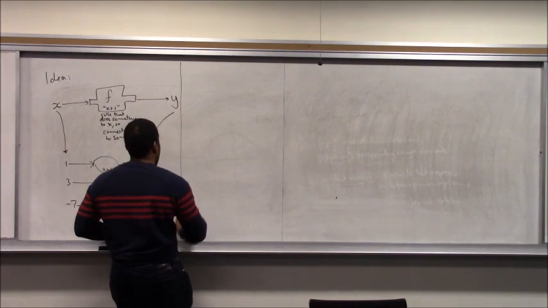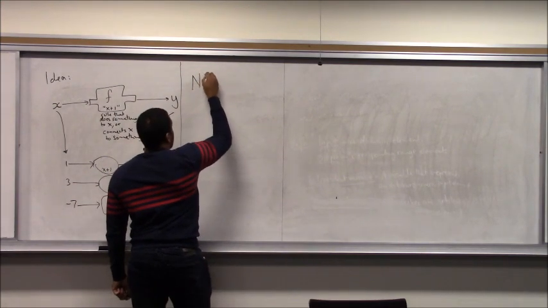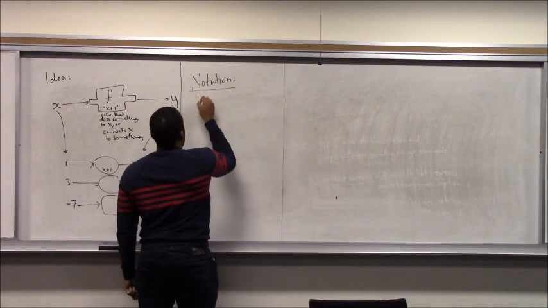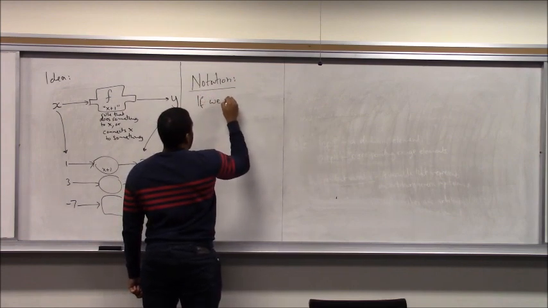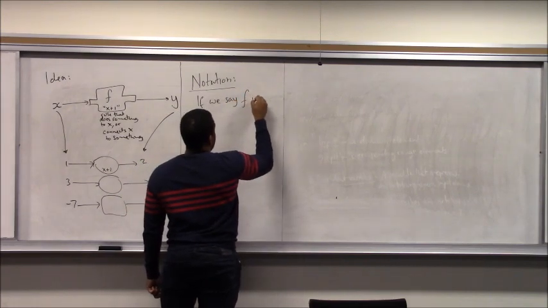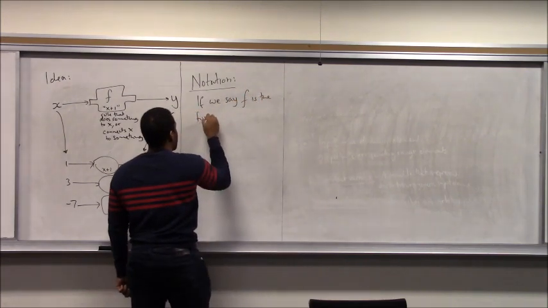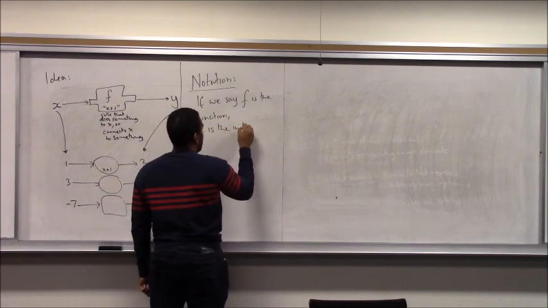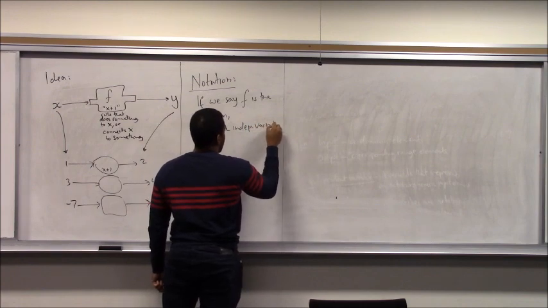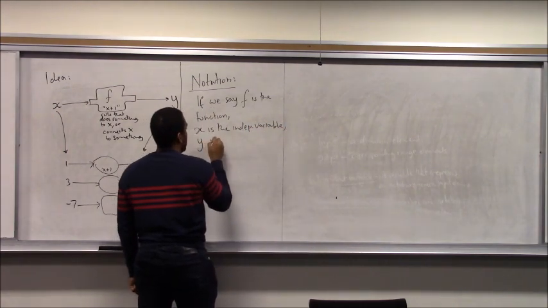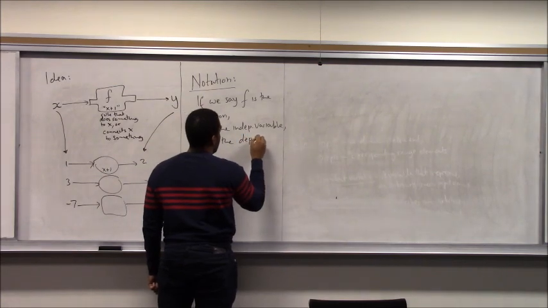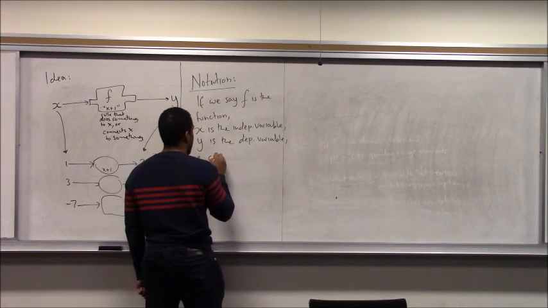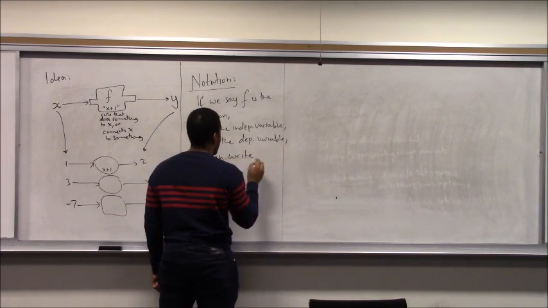Okay. So now I can talk about some notation here. If we say f is the function, x is the independent variable, y is the dependent variable, we can write the following.